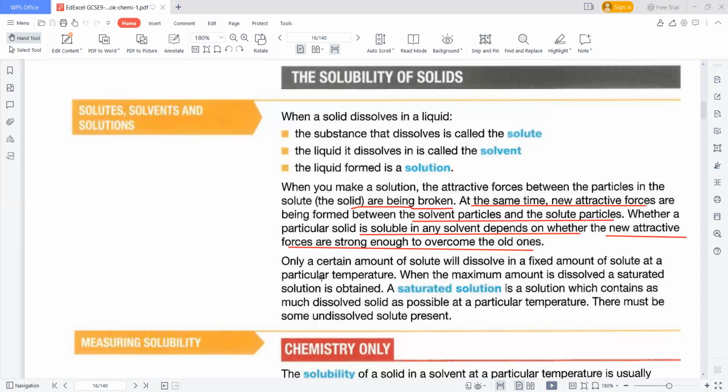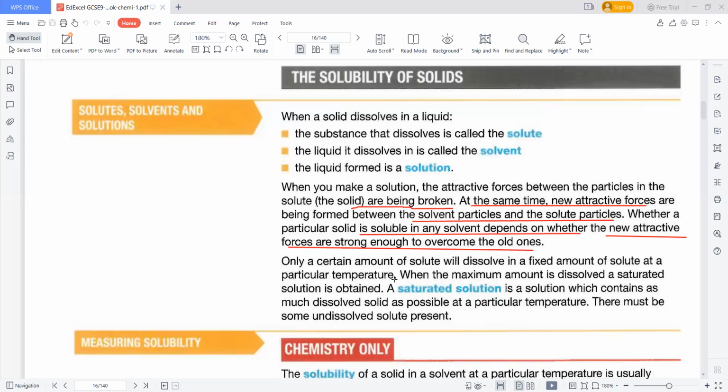Next, only a certain amount of solute will dissolve in a fixed amount of solvent. As soon as it crosses a certain limit, nothing more will dissolve without changing conditions such as temperature. Let's say I took half a glass of water and dissolved 4 spoons of sugar into it.